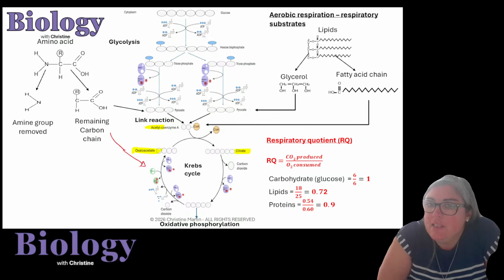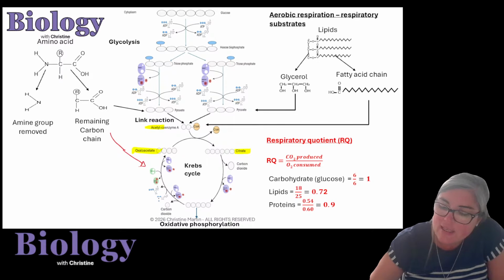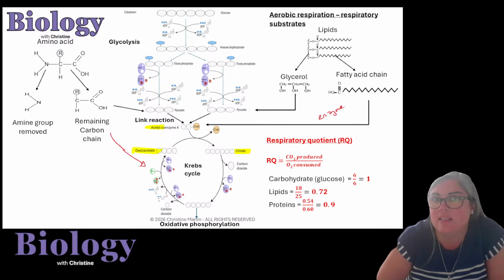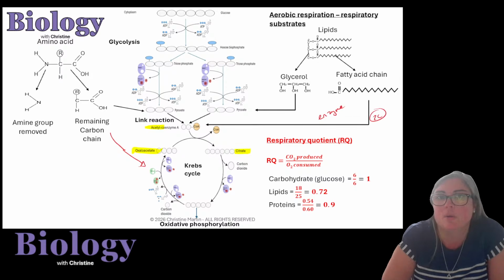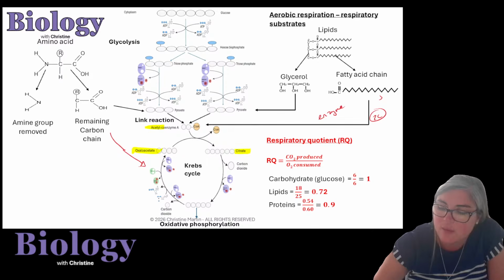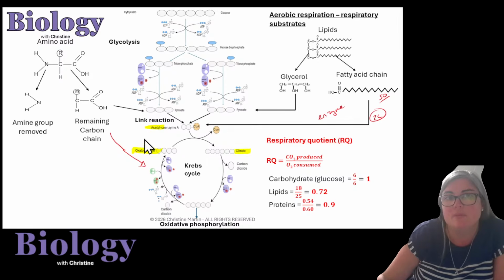If we use lipids, it skips glycolysis and the link reaction. Yes, but you do need the enzymes to break down the fatty acid chain into 2 carbon acetyl groups. So if you had a chain which had, for example, 50 carbons, you could produce a high number of those acetyl groups.